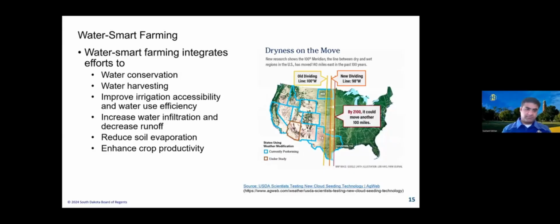Maybe two parts: are these features, this movement of the dryness zone, being considered in water resource planning for irrigation water use, and should it be if we see changing weather patterns or changing dryness patterns?